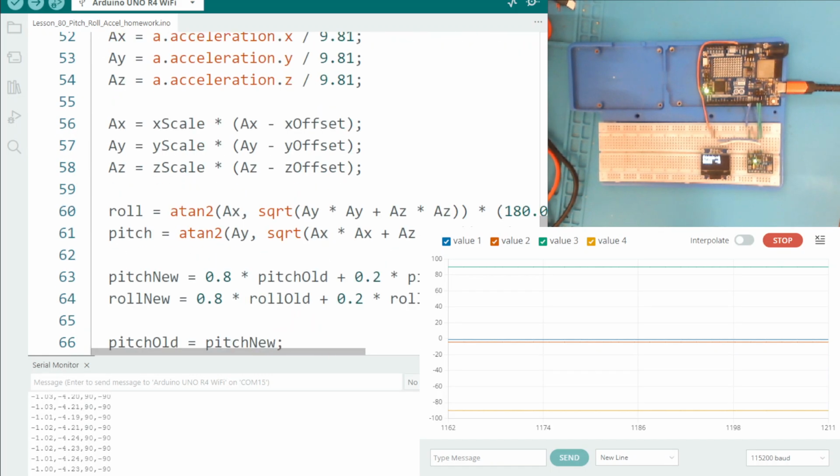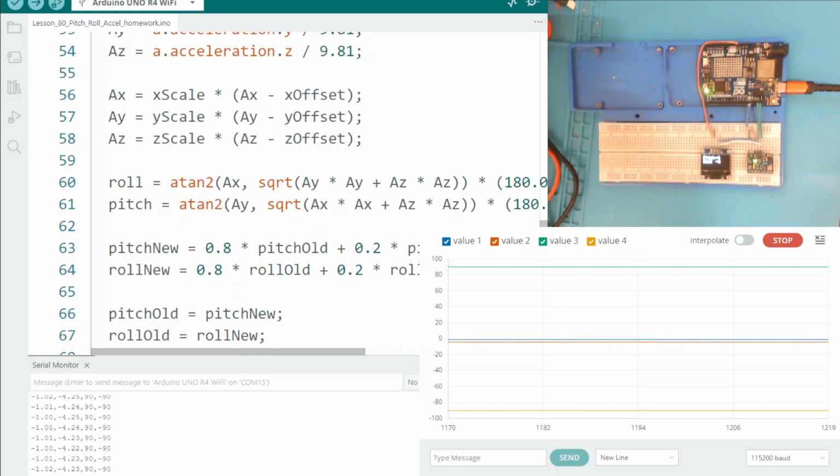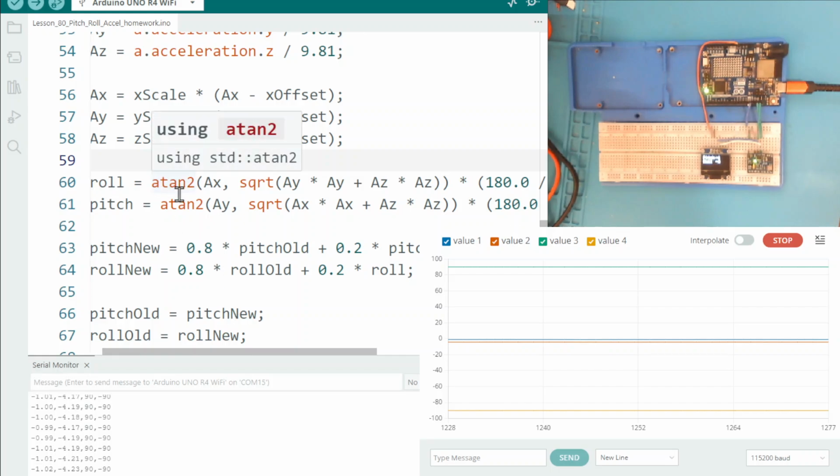Going further down here, here's where the offset is taken into account for the calibration. And here is where the roll and the pitch calculation is. Now, if I look at this, we go roll arctangent 2 times AX times the square root of the square of AY and the square of AZ, and take the square root of those.